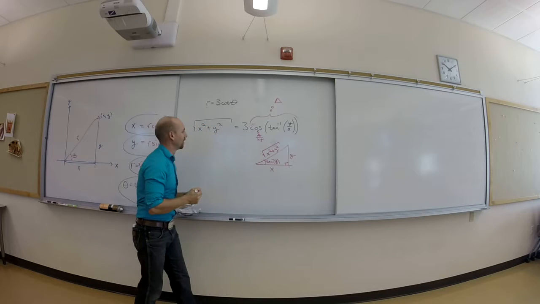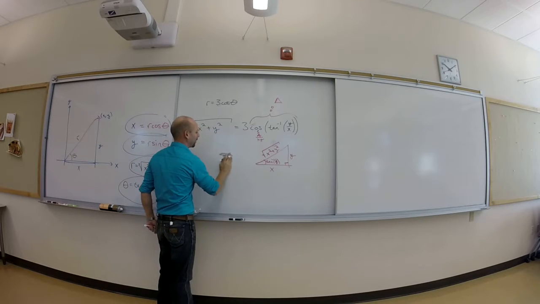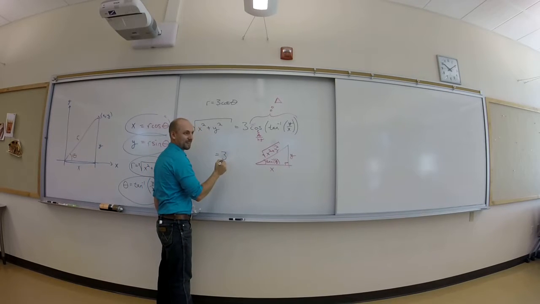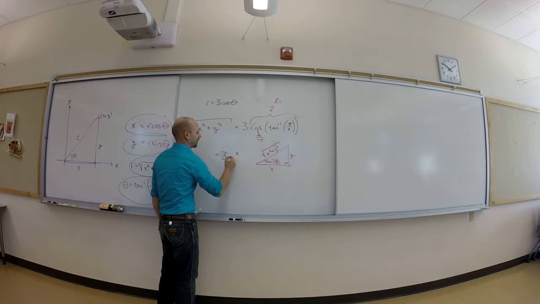So I can replace that stuff over there with, let's see, 3, and then the cosine is x over the square root of x squared plus y squared.